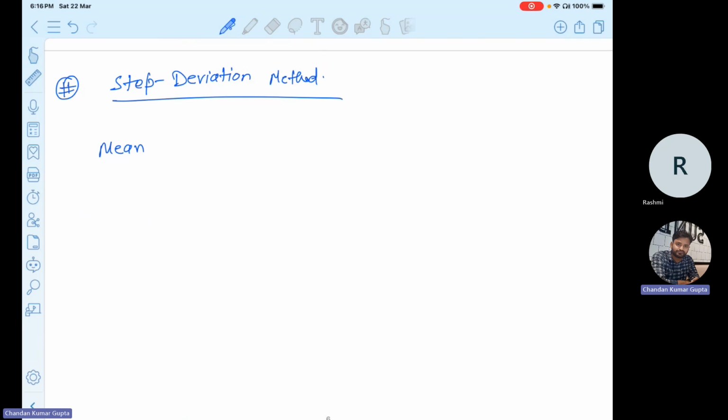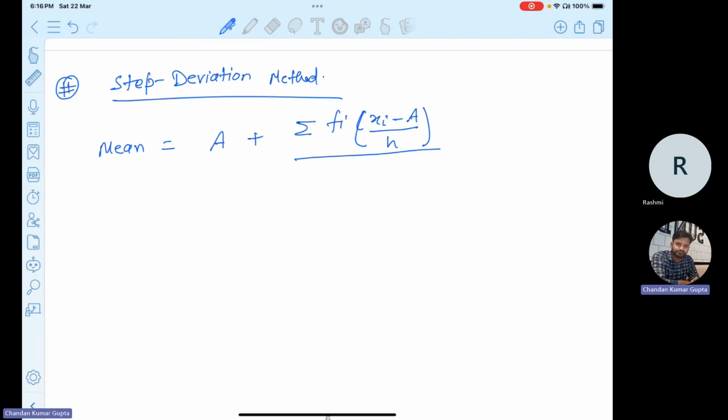Again, mean is defined as the assumed value A plus summation of fi into xi minus A upon h, divided by summation of fi, where i is taken in the range from 1 to n, into h.